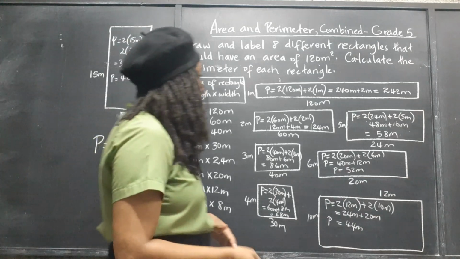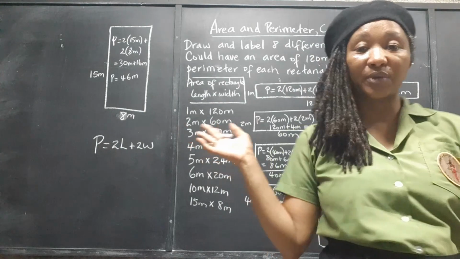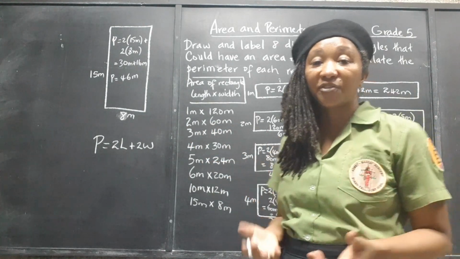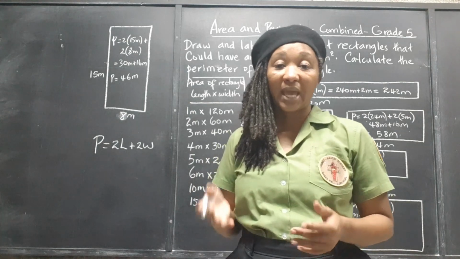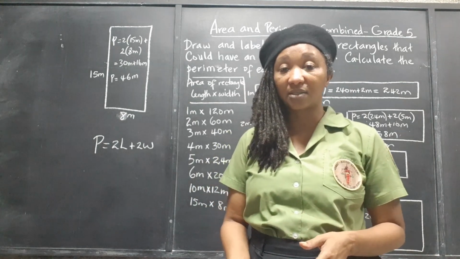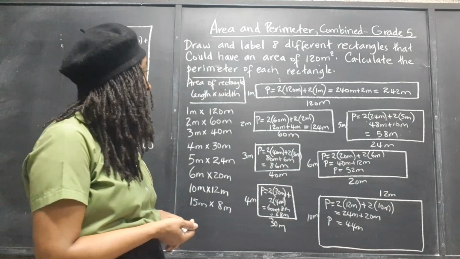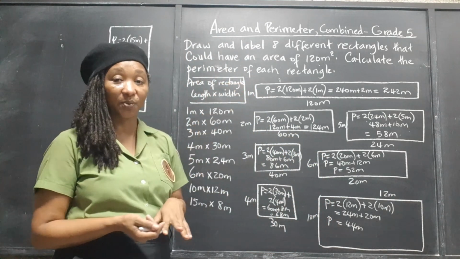So what we have, each of these rectangles has a perimeter that is different from the other. 8 different rectangles, all of them have an area of 120 meters square.